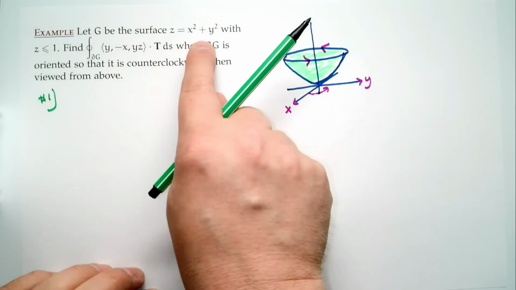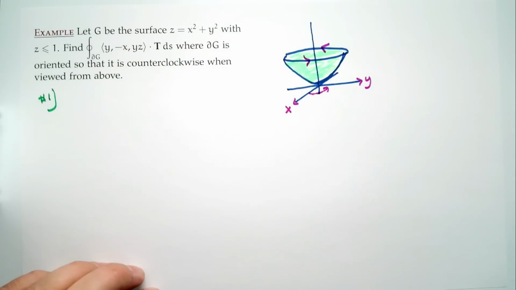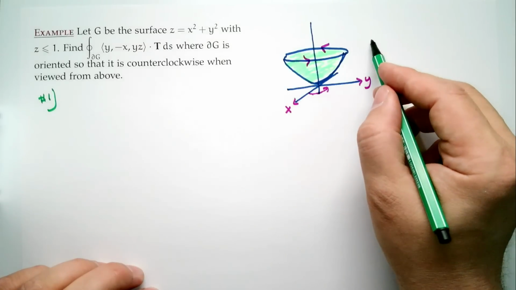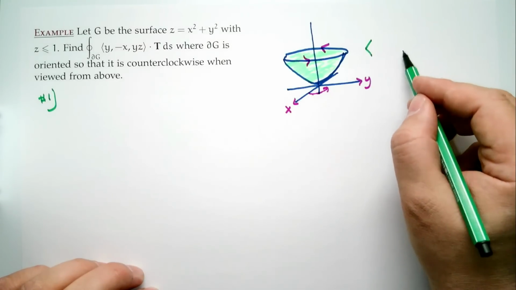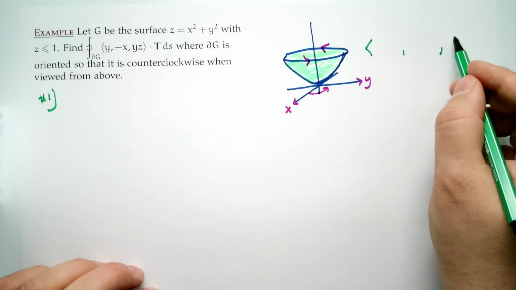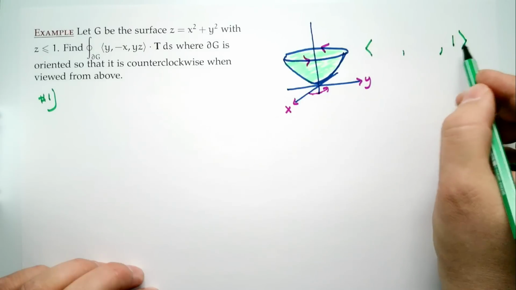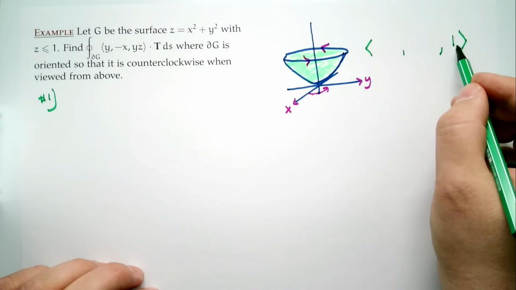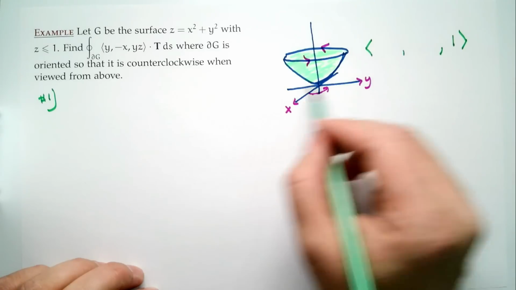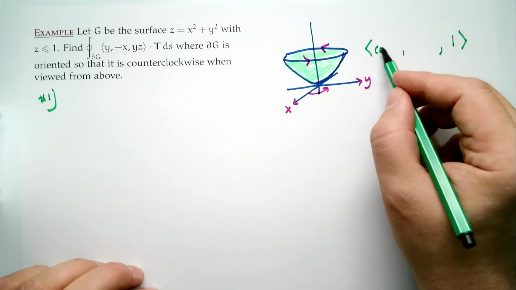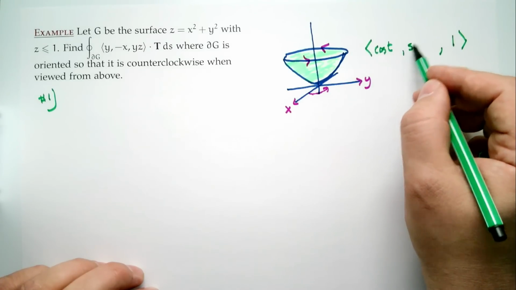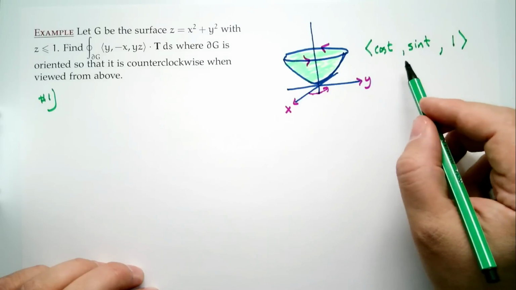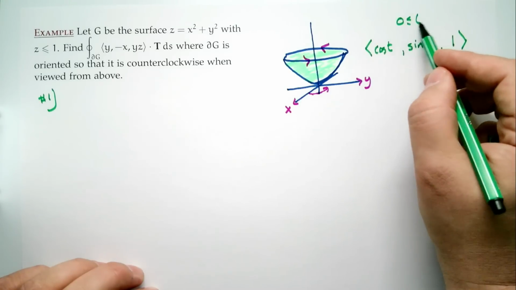So it's x squared plus y squared equals 1, which means it's a unit circle. That's a very easy thing to parameterize. On the unit circle, we're always at height 1 because z equals 1. And when you go in the counterclockwise direction, the easy parameterization, which is the one we'll use, is cosine t for x, sine t for y, where t goes between 0 and 2 pi.